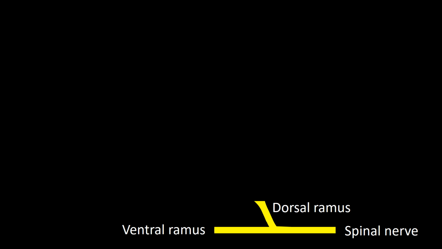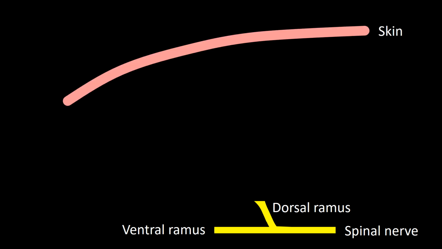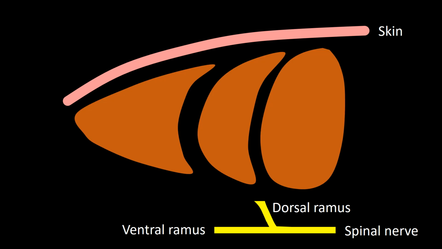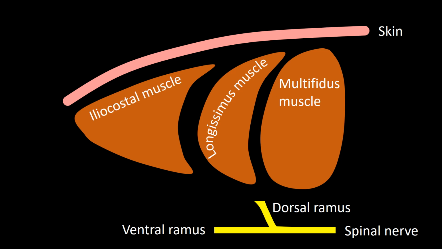The spinal nerve divides into the dorsal and ventral rami. I am now representing the skin and three muscle masses. The multifidus muscle, which is medial, the longissimus muscle, and the most lateral muscle group, the iliocostal muscle.